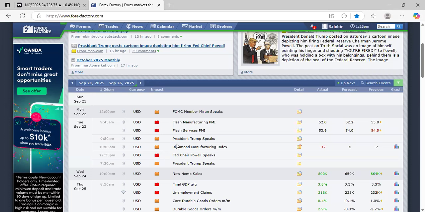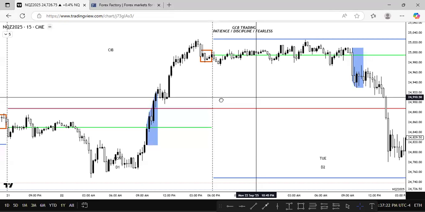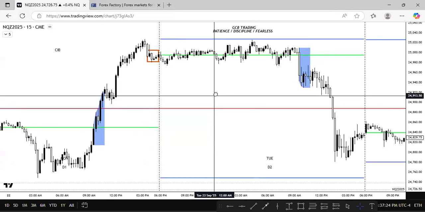Now, this is discretionary trading. So we know our news events, and we have our daily signal. Now we need to see if price is going to be setting up in the New York session.